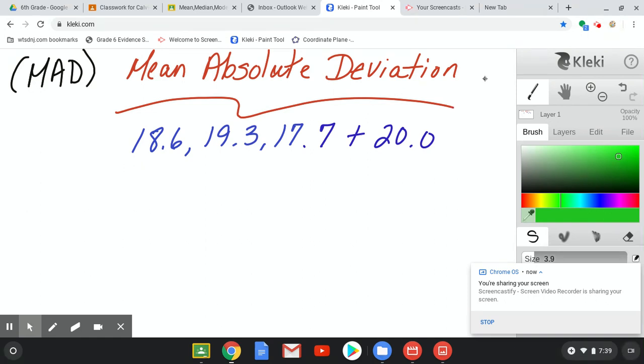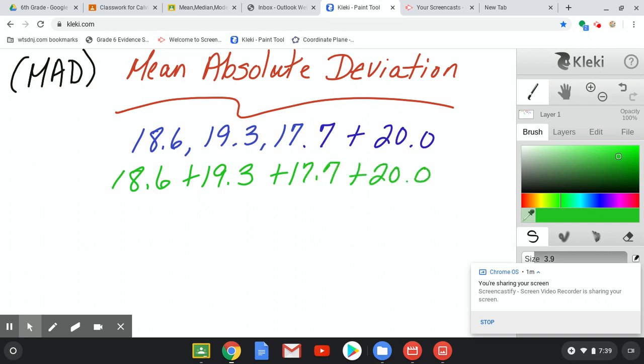All right, so the first step in order to calculate the mean absolute deviation is to actually calculate the mean. We all know how to do that by now. You are just adding up all of the numbers and dividing by how many numbers there are. So we're just going to add up these values. I have 18.6. I'm going to add 19.3. I'm going to add 17.7.